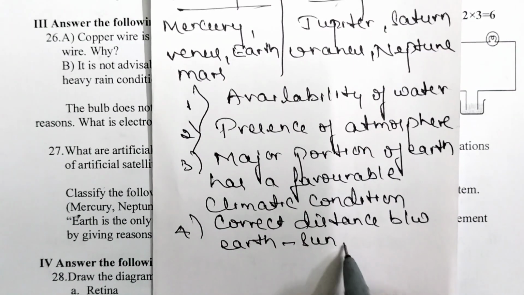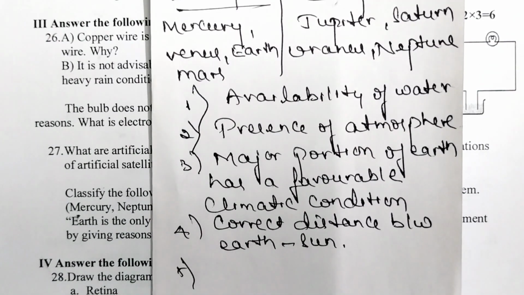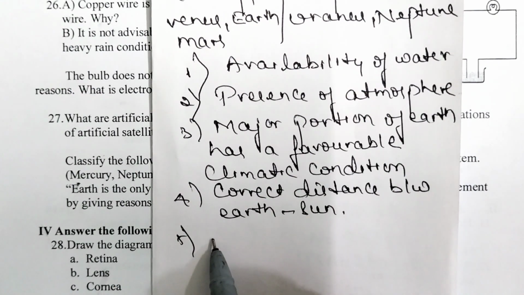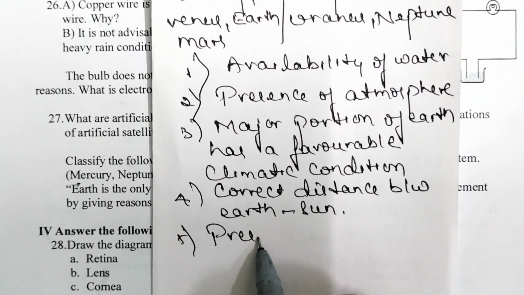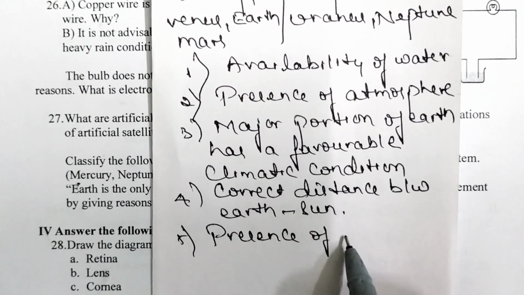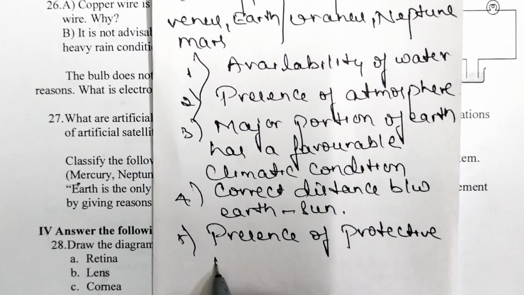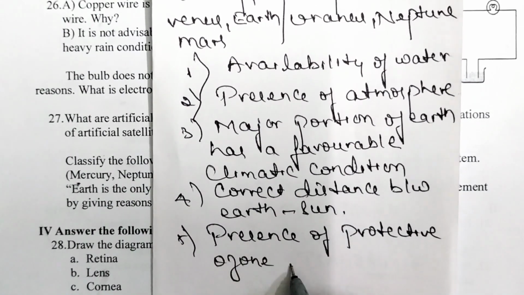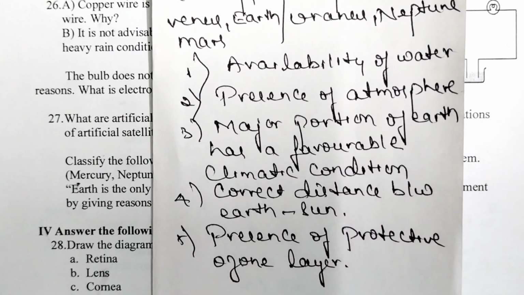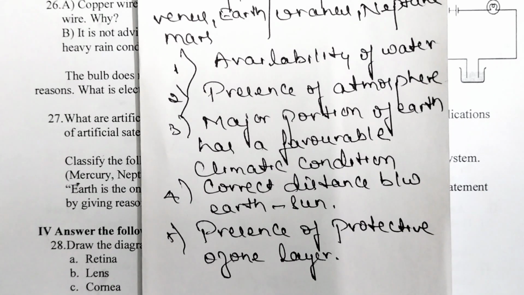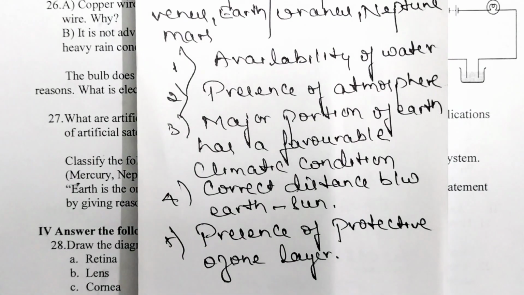The distance between sun and earth is correct, that is, not too cold, not too hot. And the last one is because of the presence of protective ozone layer. So in the earth's atmosphere there is the presence of the ozone layer. That presence of protective ozone layer makes life exist on the earth. So these are the things that you have to keep in mind regarding this one.